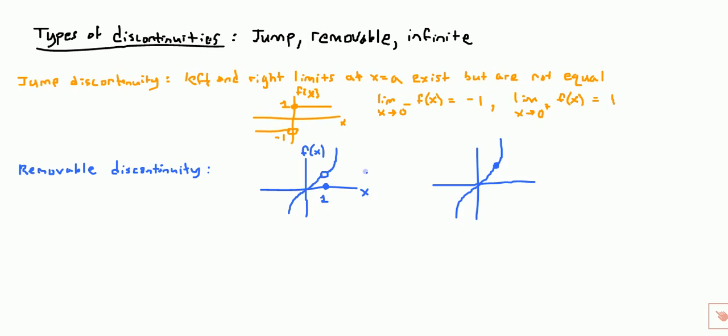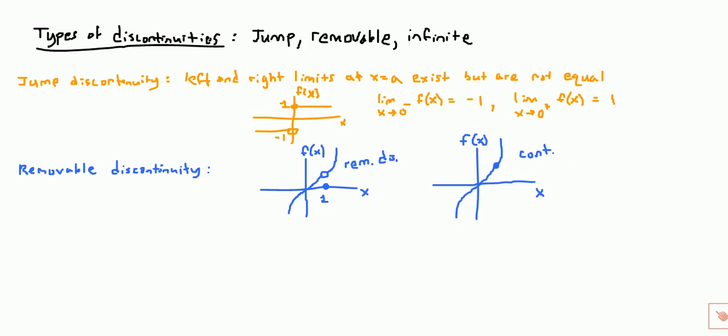In some senses, removable discontinuities are a little nicer than jump discontinuities. Okay? So again, this is a removable discontinuity. And this graph here is continuous.